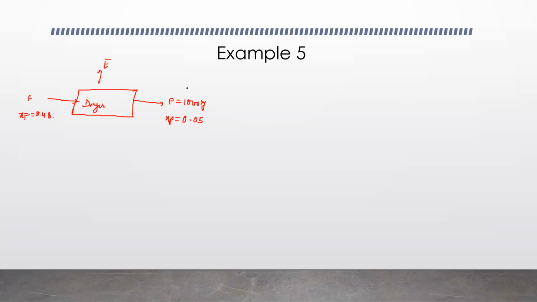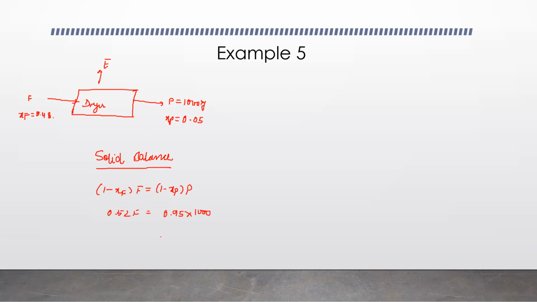All right. First of all, as I told you, we are going to do solid balance. So the solid balance equation gives us (1 minus XF) into F is equal to (1 minus XP) into P. So this is going to be 0.52 F is equal to 0.95 into 1000.